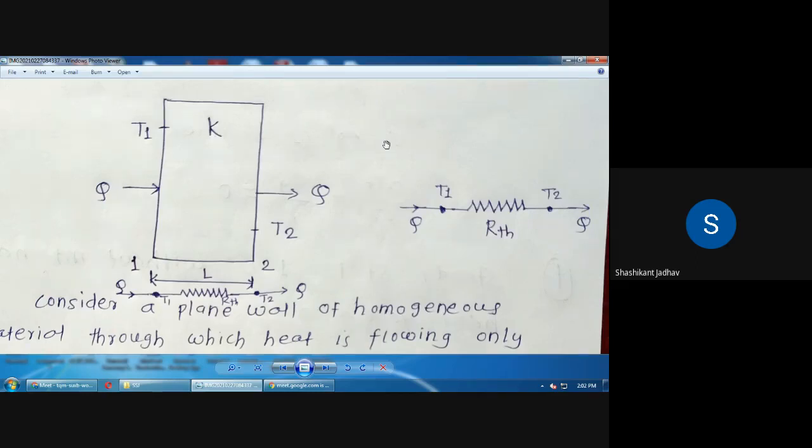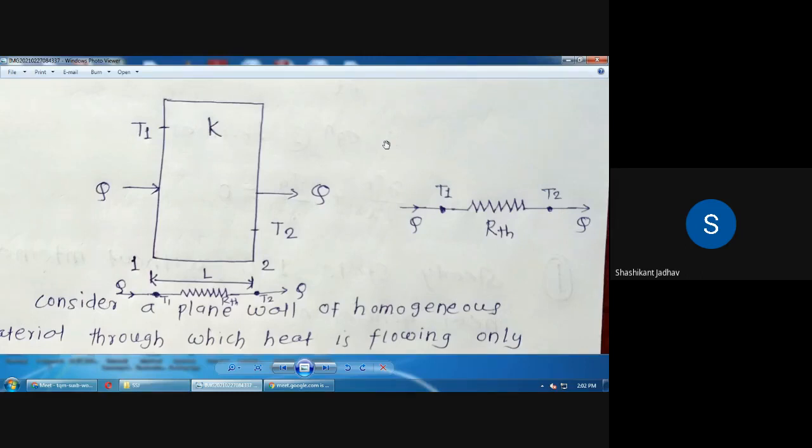So we have to draw a similar diagram in the form of an electrical system. Below this diagram we draw the diagram for the electrical system. In the electrical system, we have two dotted points, point 1 and point 2. At point 1 the temperature is T1. Diagramच्या खालची diagram दिसत नाही, so I have drawn the diagram at the right hand side.